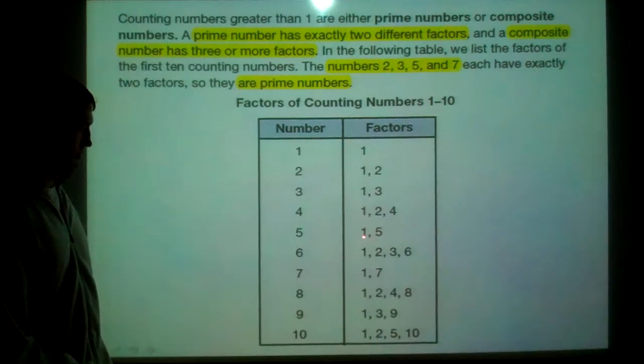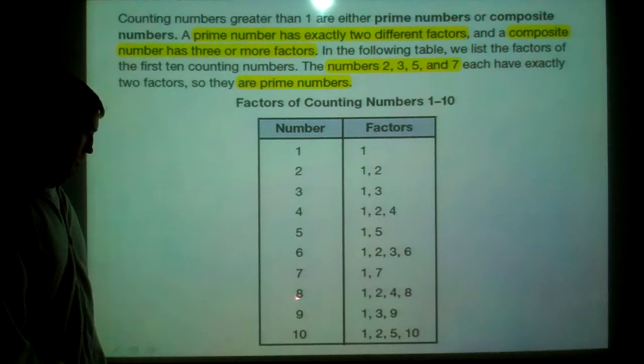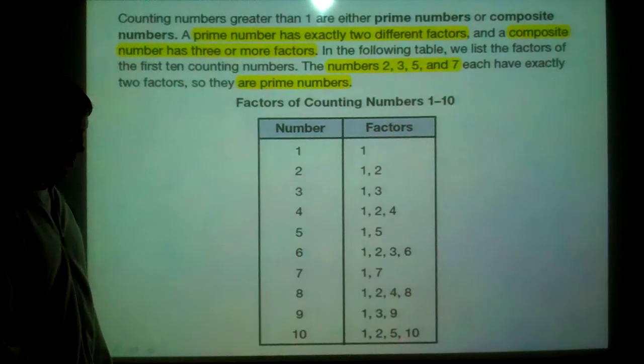5 is also a prime, because only 1 and 5 will divide that evenly. 6 has a bunch, can be divided by 1, 2, 3, or 6. 7 is a prime number, because it has exactly 2. 8 has a bunch, 1, 2, 4, and 8. All those will divide 8 evenly. 9 has 3: 1, 3, 9. 10: 1, 2, 5, and 10.